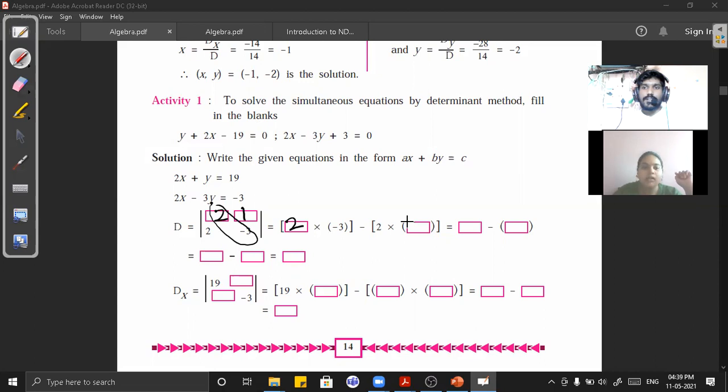Oh, sorry. 2 into minus 3, right? Yeah. And what will come here in this box? 2 into 1. Yeah, 1. In the next step, we have to do the multiplication. Minus 6 minus minus plus 3.